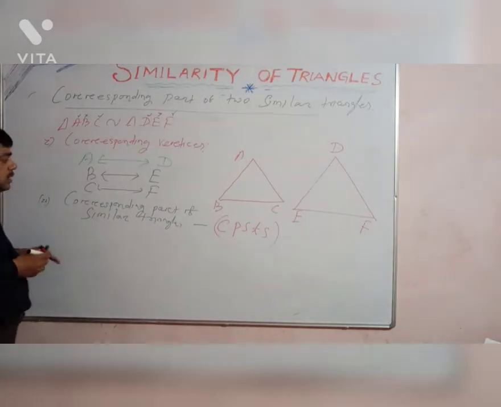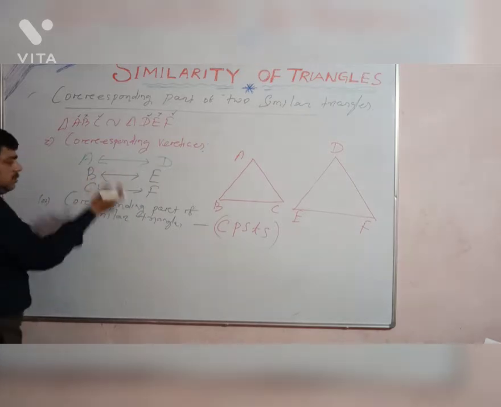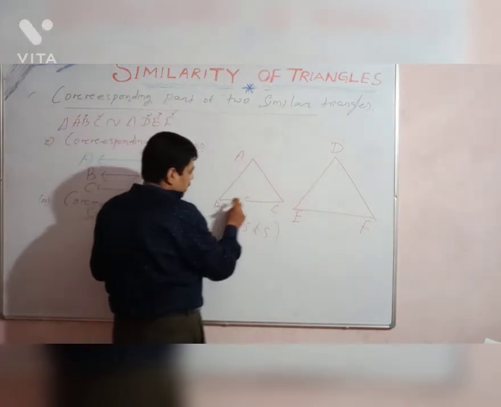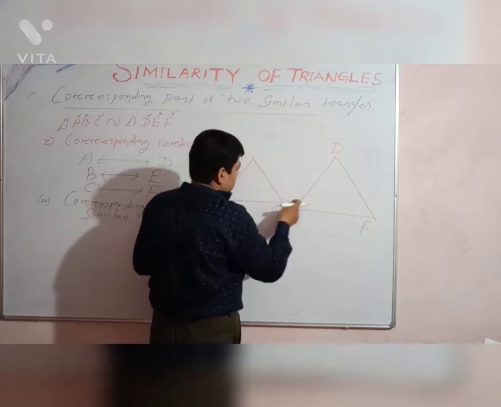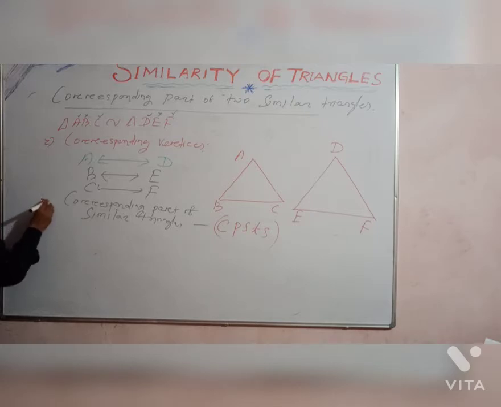If two triangles are similar, their corresponding vertices are A to D, B to E, and C to F. Similarly, the corresponding side of AB is DE, of BC is EF, and of AC is DF.